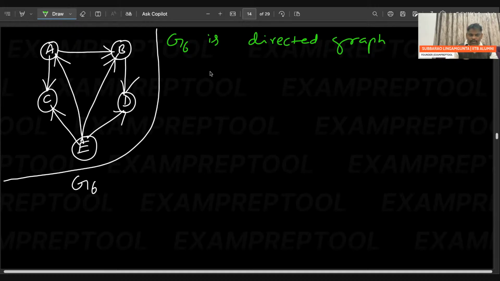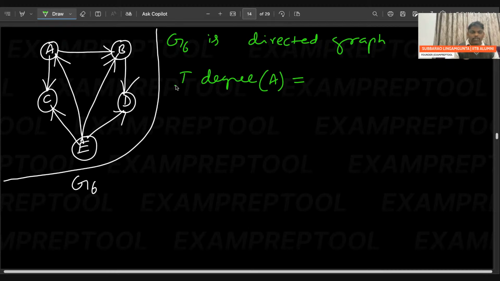Now let's find out an interesting thing. Everyone observe degree. What is the degree of A? Remember everyone, because directions are here, it is not simply degree. It is called in degree and out degree.